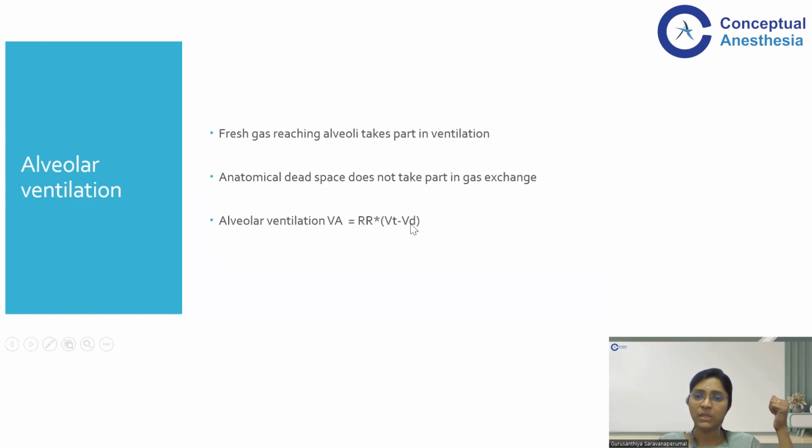Suppose dead space is 150 ml, tidal volume is 450 ml and the respiratory rate is around 12. So it becomes 12 into 450 minus 150, which is around 3600 ml per minute. So the alveolar ventilation is the only volume of air that is actually entrained into gaseous exchange.